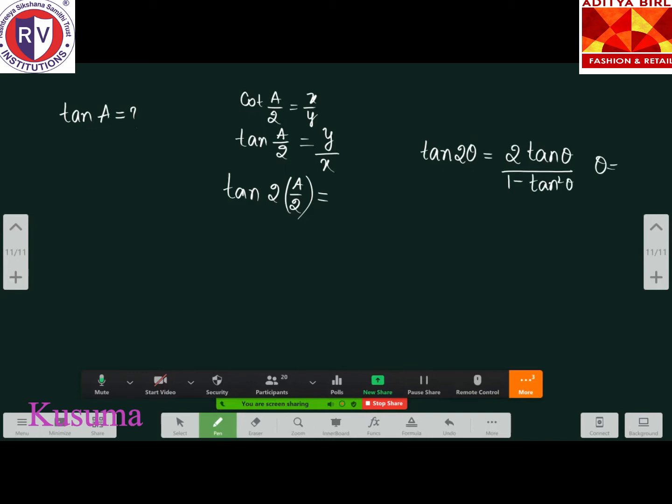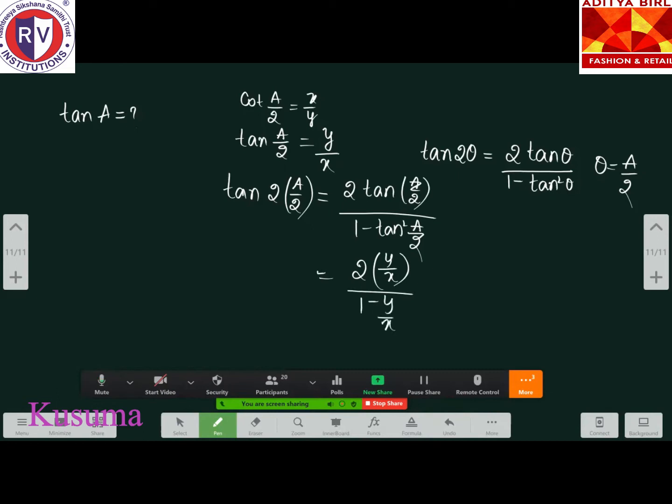What is theta here? A by 2. We have the value of tan A by 2, so we can make use of this formula: 2 tan A by 2 divided by 1 minus tan square A by 2. We know that tan A by 2 is y by x. So it is 2 into y by x divided by 1 minus y by x, sorry, this will be square, y square by x square.